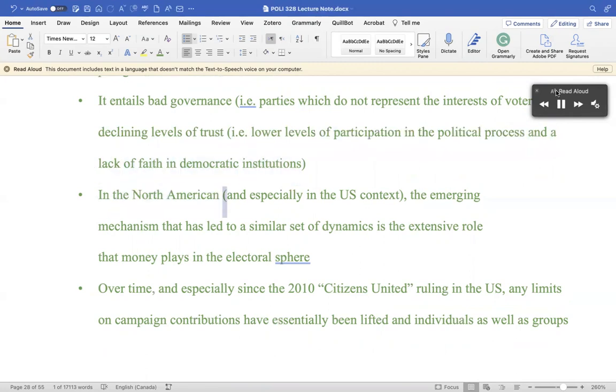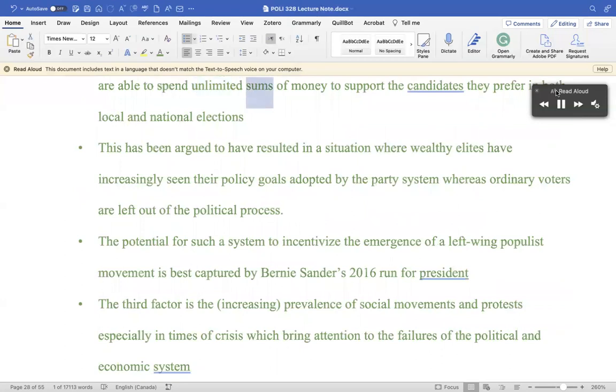In the North American, and especially in the U.S. context, the emerging mechanism that has led to a similar set of dynamics is the extensive role that money plays in the electoral sphere over time, and especially since the 2010 Citizens United ruling in the U.S. Any limits on campaign contributions have essentially been lifted, and individuals as well as groups are able to spend unlimited sums of money to support the candidates they prefer in both local and national elections.